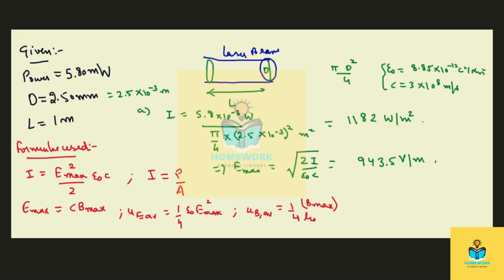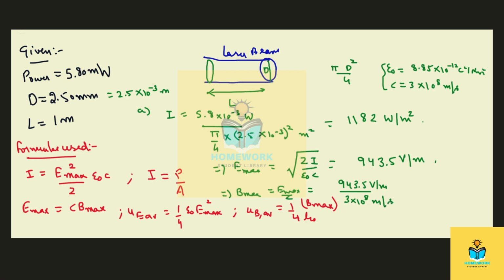Now we'll find out the Bmax. So Bmax is equal to Emax over c. So putting all this, we have 943.5 volt per meter over 3 into 10 to the power 8 meter per second.